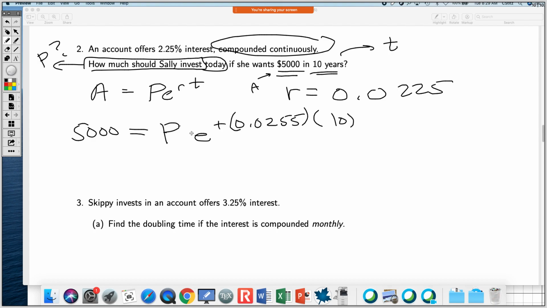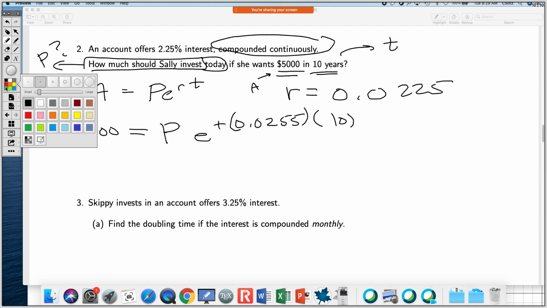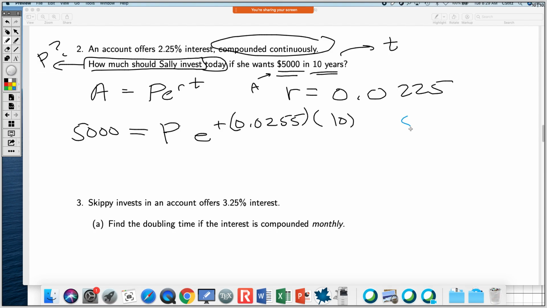All right. Now, remember, even though E is a letter, it represents a number. It's a number that's 2.718-ish, okay? This is the same E we talked about almost 2 weeks ago when we started the chapter. So I've got 5,000 is equal to P times some number.